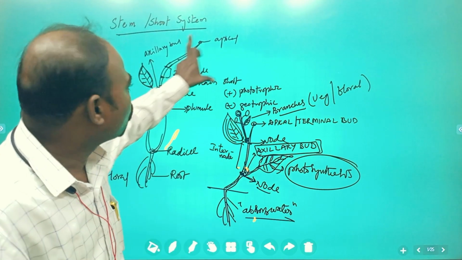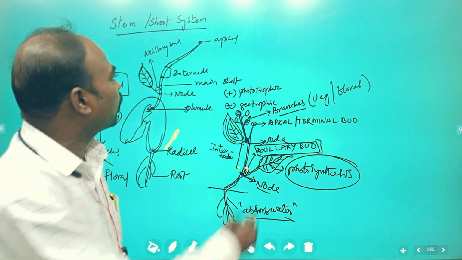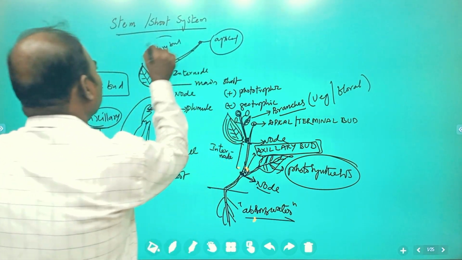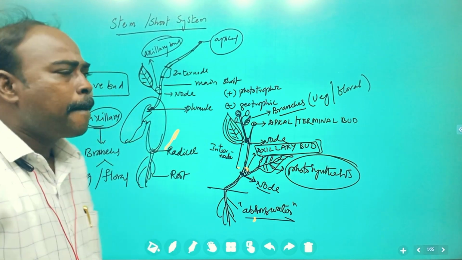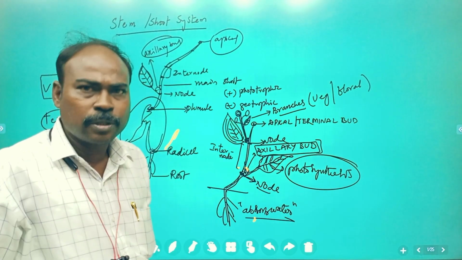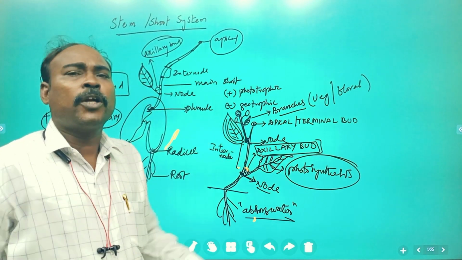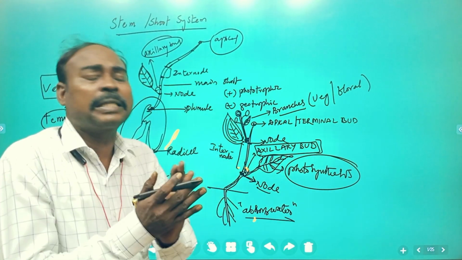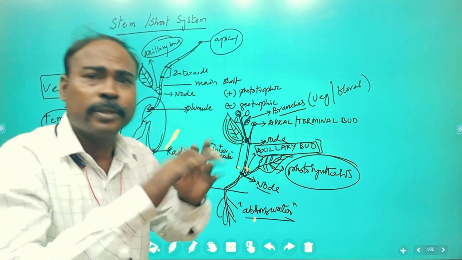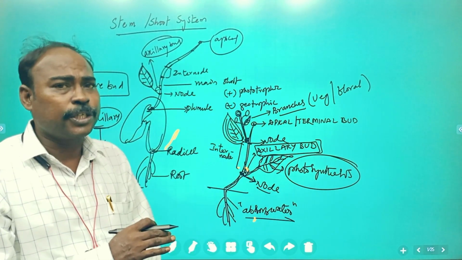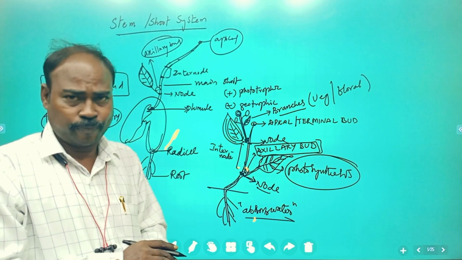So that is about the shoot system, and it also constitutes the apical bud and axillary buds, right? But in the majority of plants the shoot system is aerial, whereas in some plants the total stem or a part of the stem is underground. In such plants, the stems are said to be underground stems.